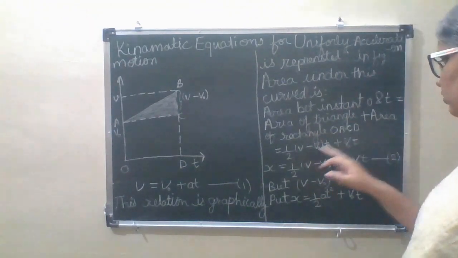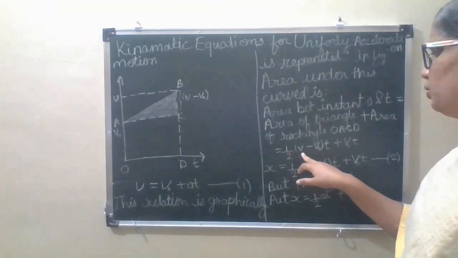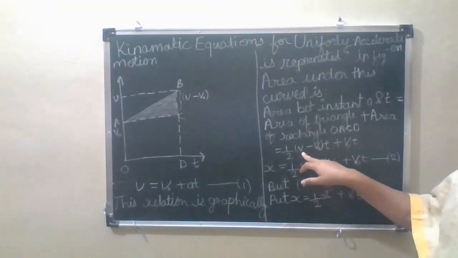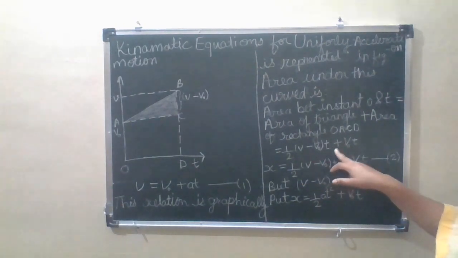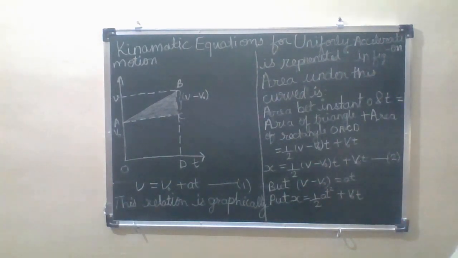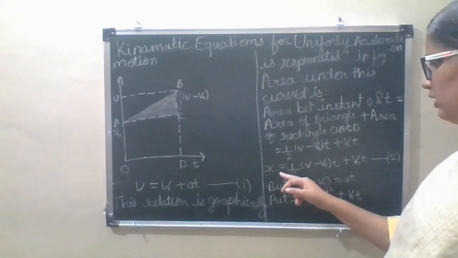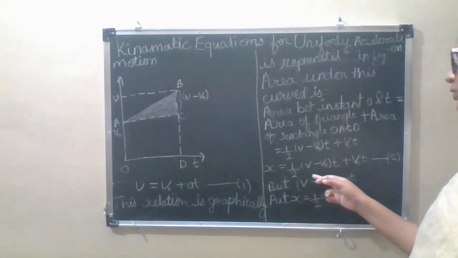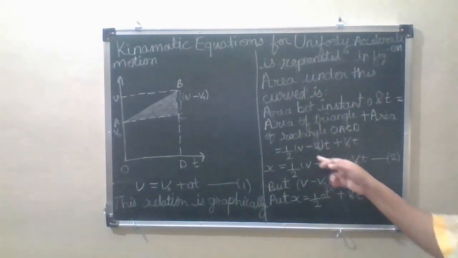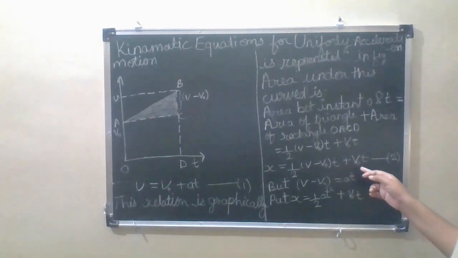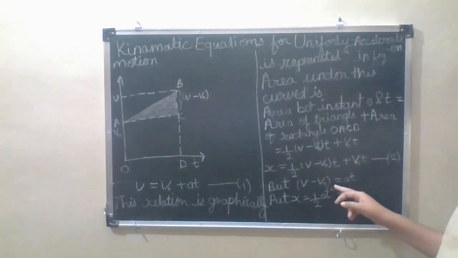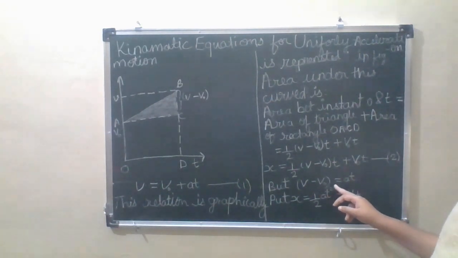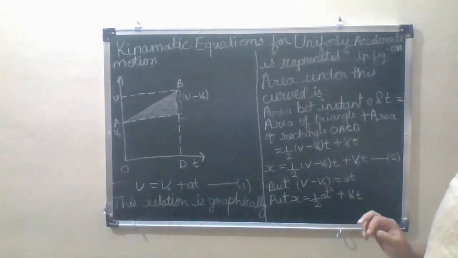So this will be equal to half of v minus v0 into t, plus v0 into t. So x is equal to half of this t plus v0 t, but v minus v0 is equal to at.